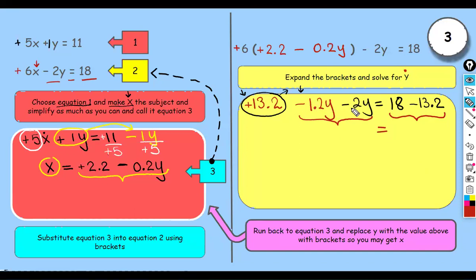Minus 1.2 minus 2y. When you're adding and subtracting, if these signs are the same, you add, so that is what? 3.2y. And then you put back the sign of the larger one. 18, well, this is really positive 18 minus 13.2. Positive 18 minus 13.2 is positive 4.8. I think I have that correct.